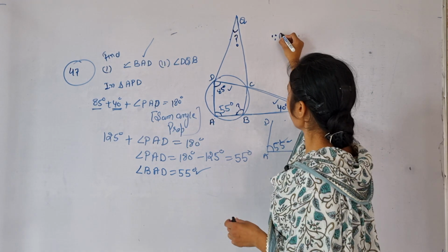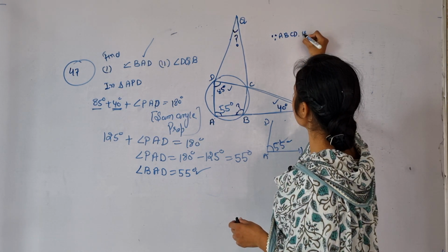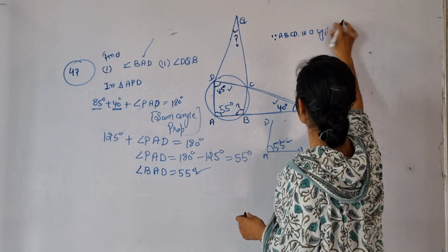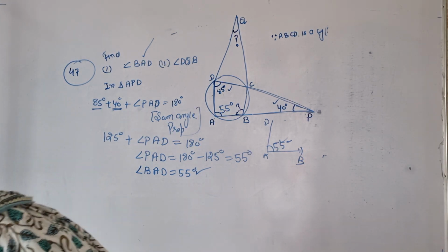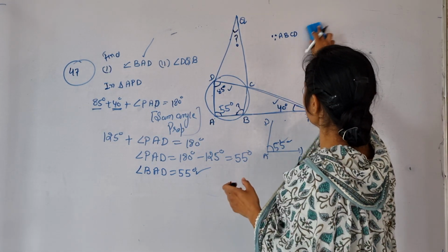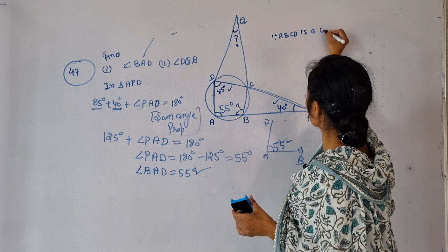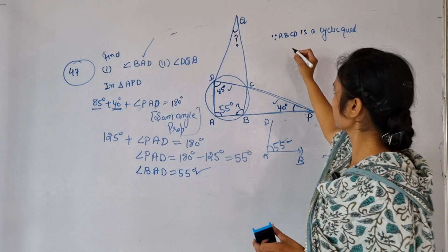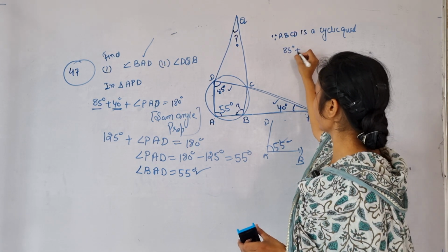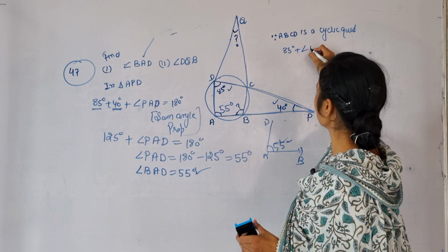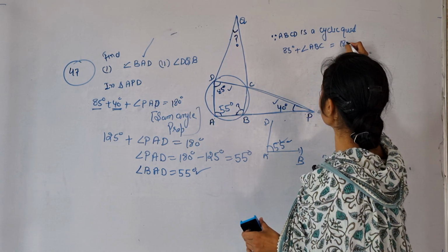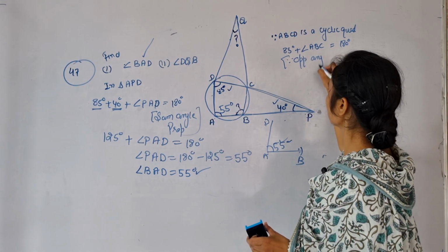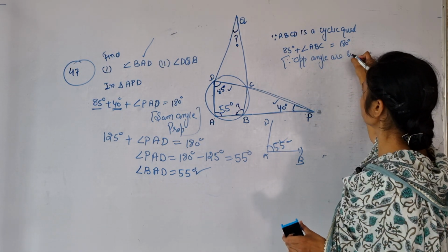Because ABCD is a cyclic quadrilateral, then what would happen? 85 plus angle ABC is equal to 180 degree, because opposite angles are supplementary.